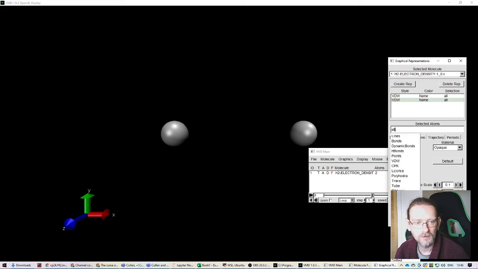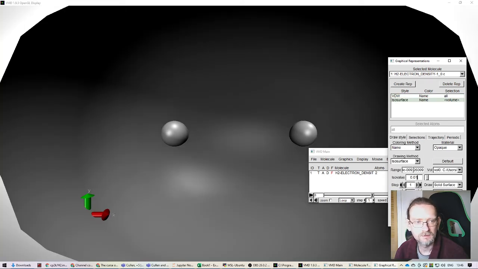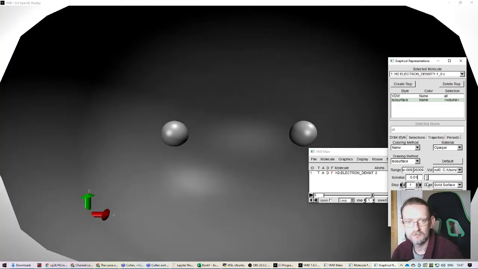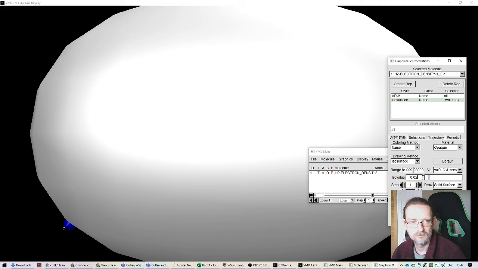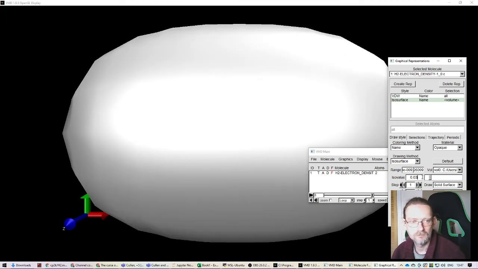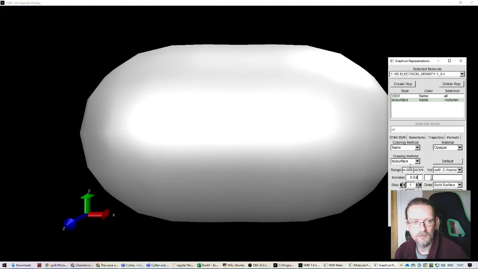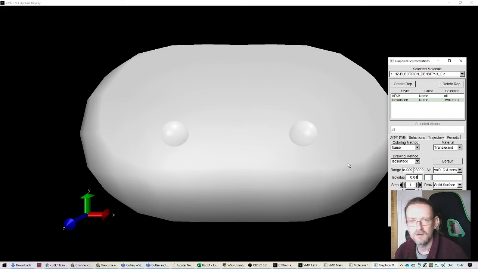If I add in my isosurface, let's make it... I can make this transparent.